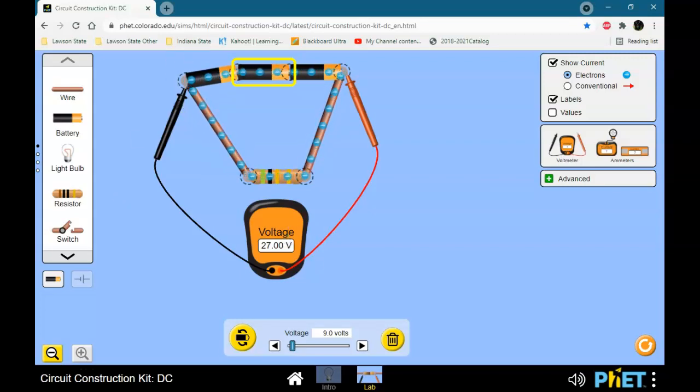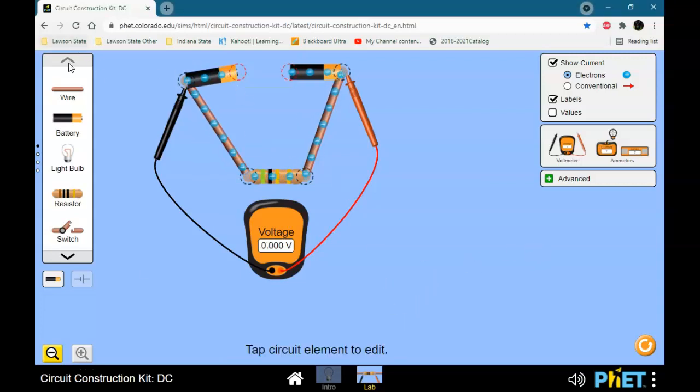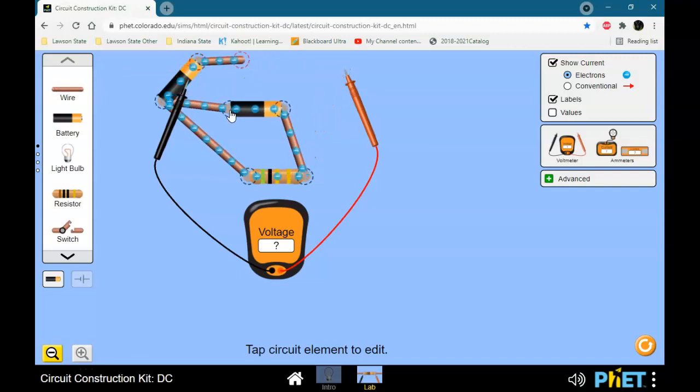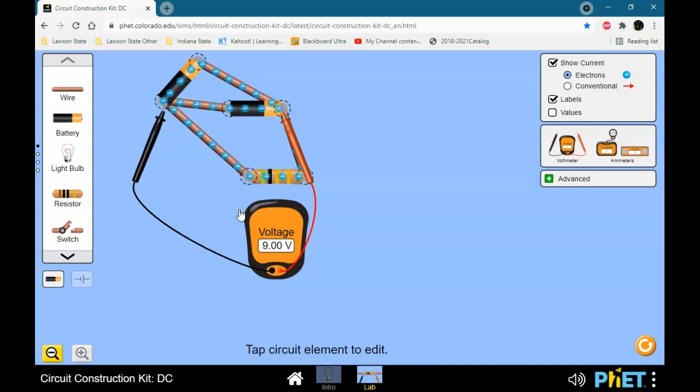If I was to set these in, let's see, it'd probably help if I was actually working with this. Okay. Let's say instead of series, I put these guys in parallel. Put this on either side.